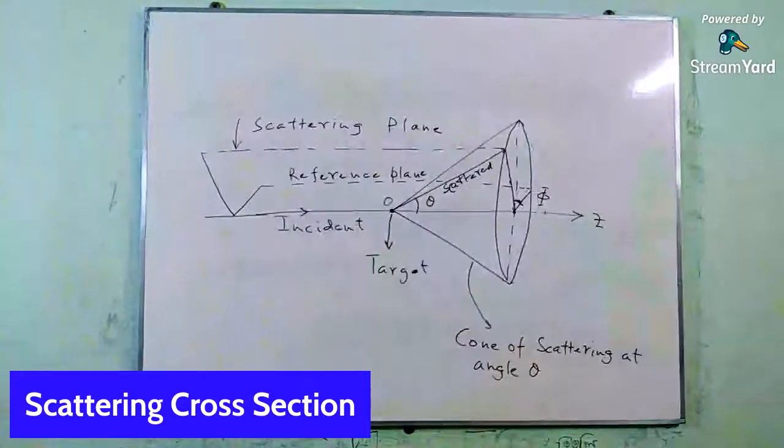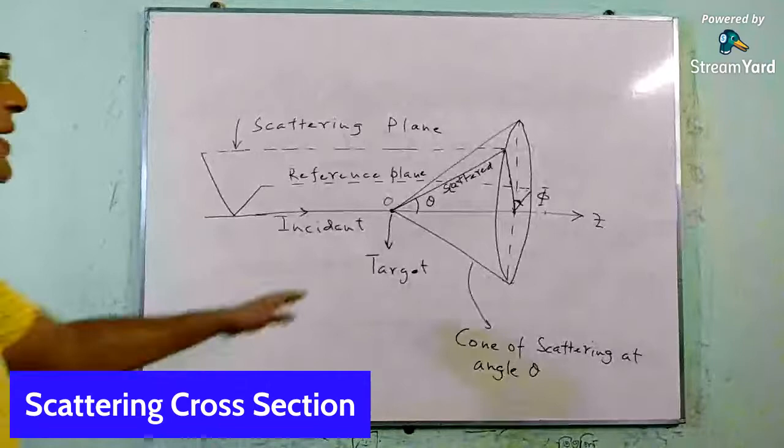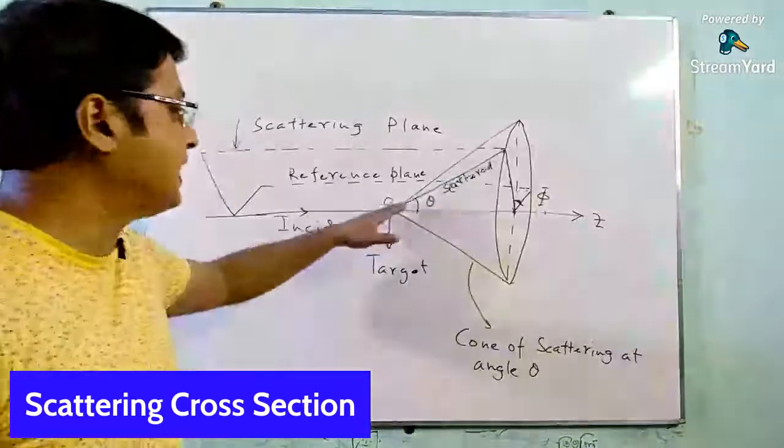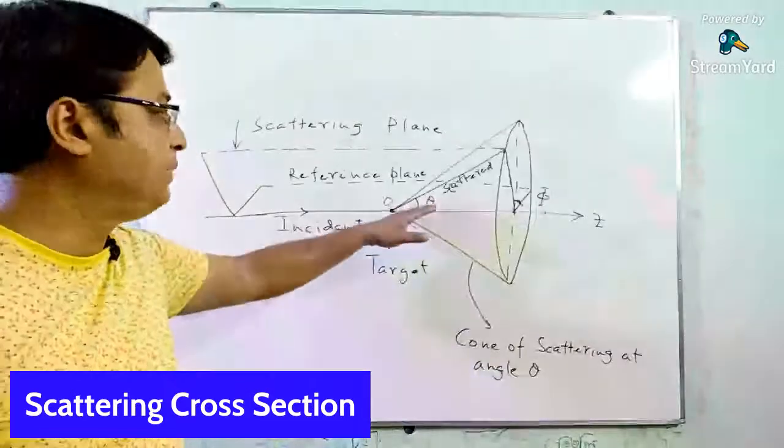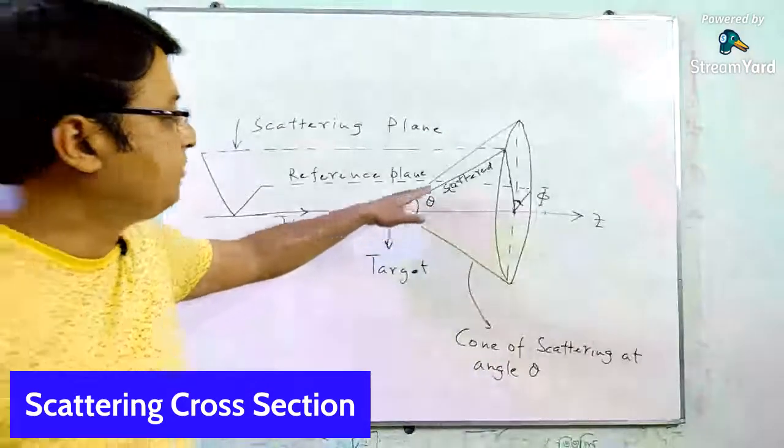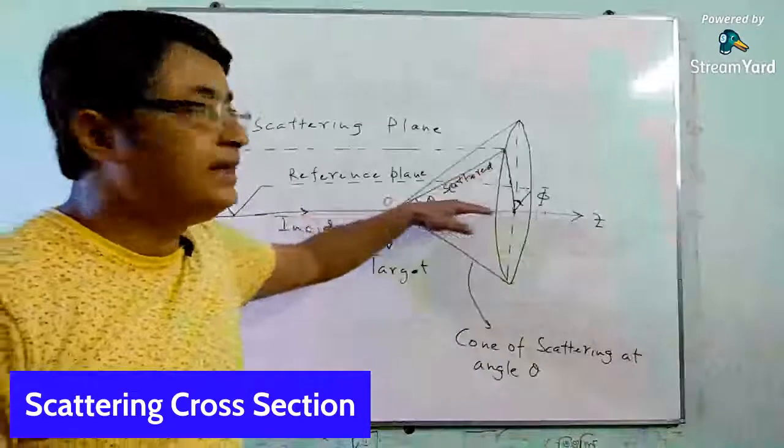Now here theta is called the angle of scattering, and it is the angle between the scattered and incident direction. It is known as the angle of scattering because it is the angle between the scattered ray and the incident ray.